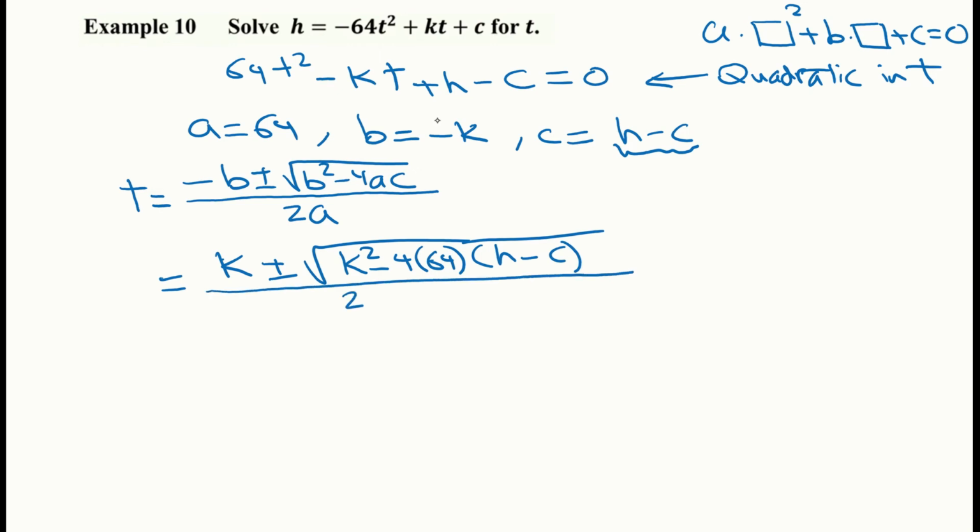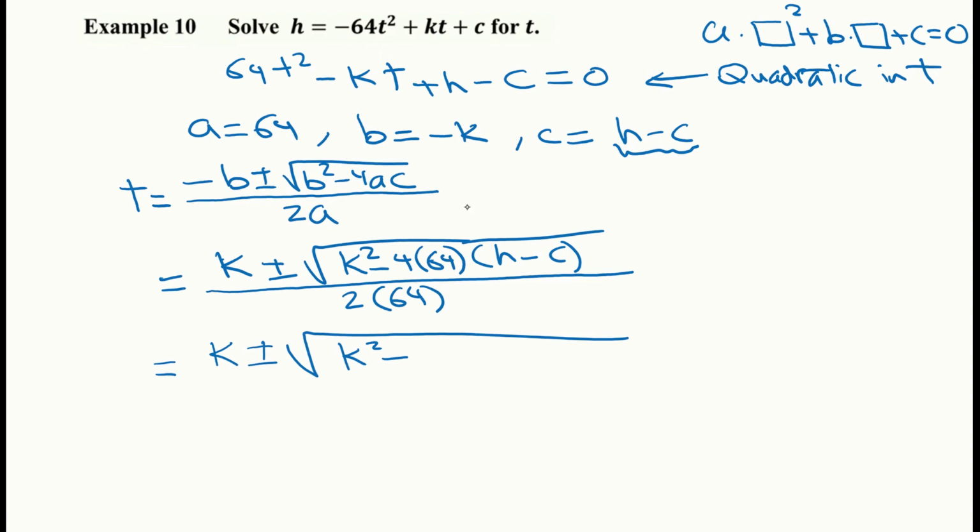So 2 times 64. Okay? So we're just going to clean up at this point. So k plus or minus square root of k squared minus 4 times 64. We can do this in our head. 4 times 60 is 240, and 4 times 4 is 16. 240 and 16 add up to 256.